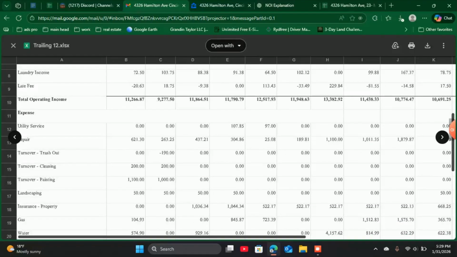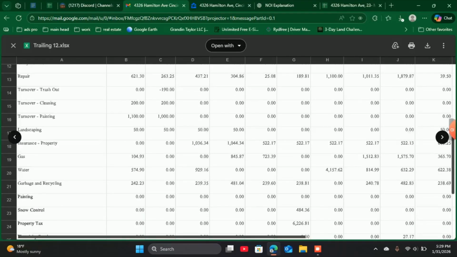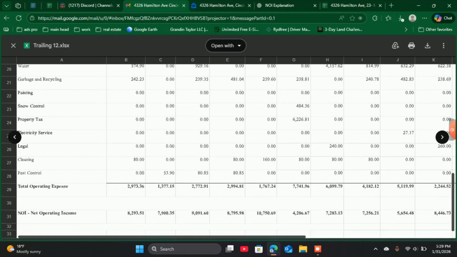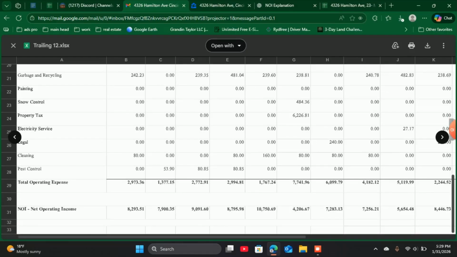Here's the expenses: utilities, repairs, trash, landscaping, insurance. So I viewed this already, but one of the things I messaged the realtor to ask, hey, I didn't see property management on here. So I was wondering, is there a property management in place? If there's not, we will add that in there.